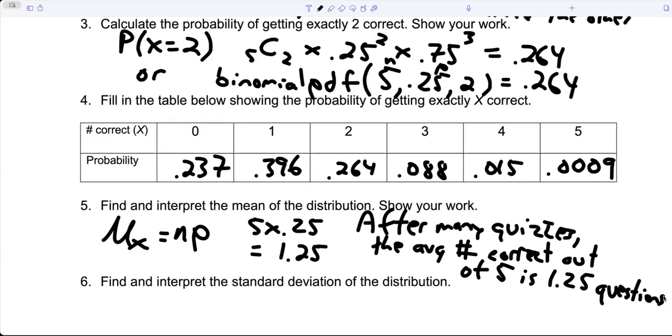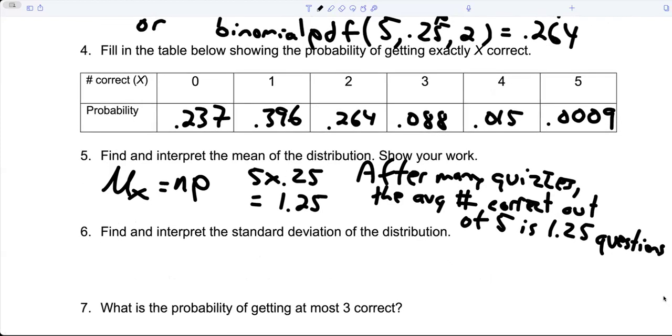So now look at your formula chart. How do we find the standard deviation of a binomial distribution? Sigma is the square root of, it's right next to the mean there, square root of what?